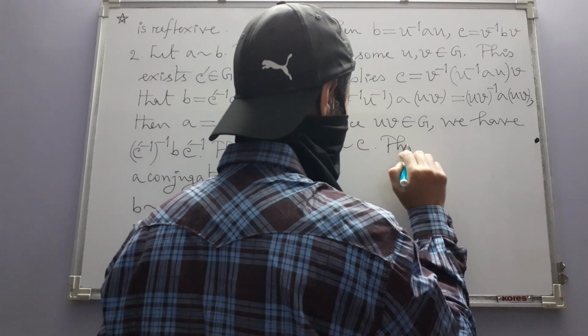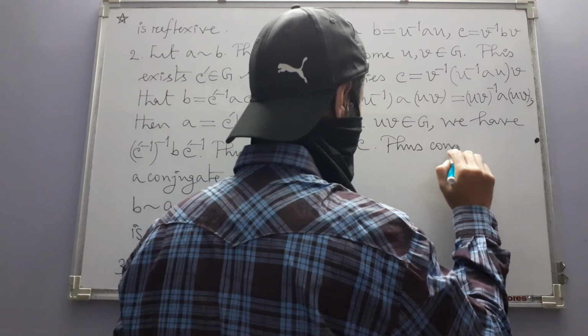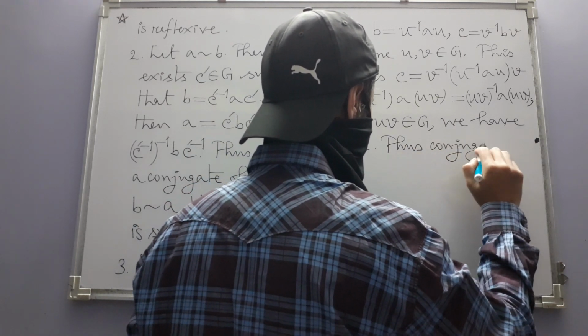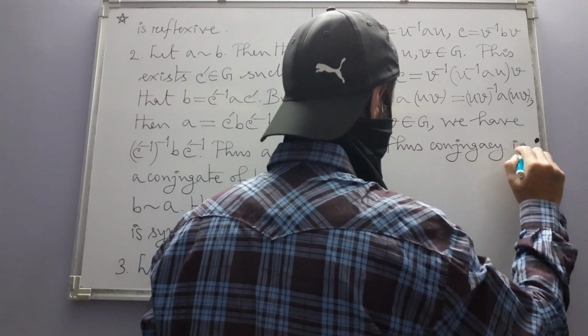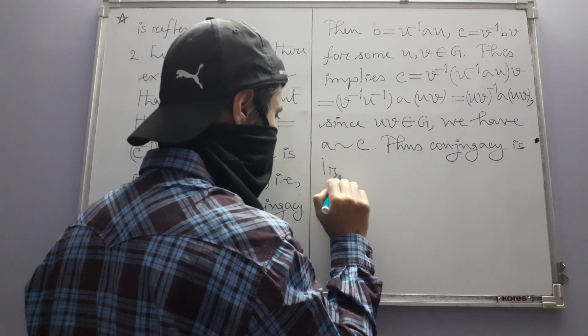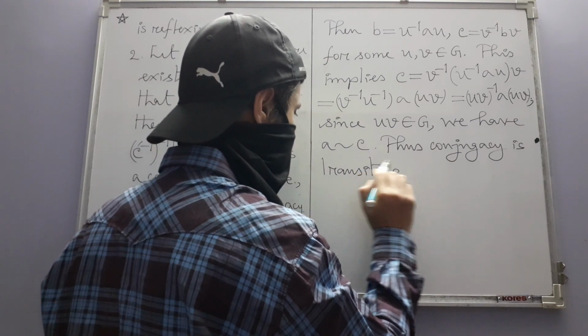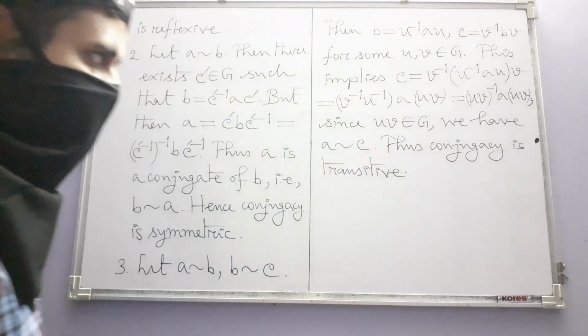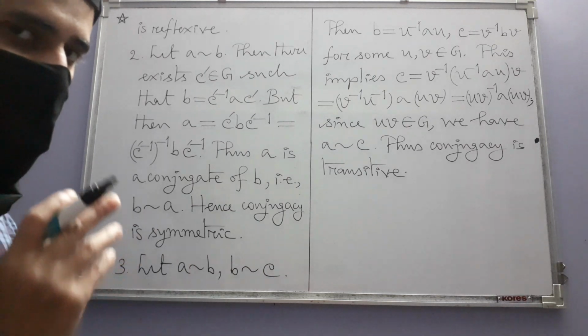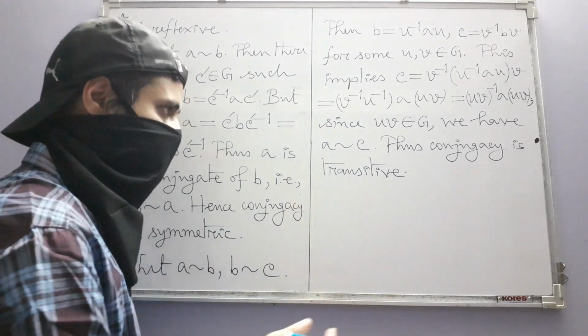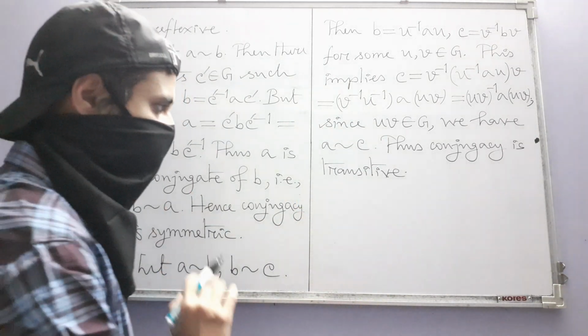Thus, conjugacy is transitive. So that's it. We have shown that it is reflexive, symmetric, and also transitive.